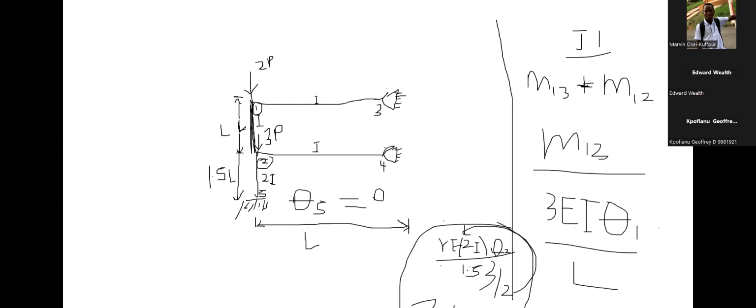So from here, we just add them. But what's happening here? From the M21, M24, when you check here, coming to this point, that's where the load changed.